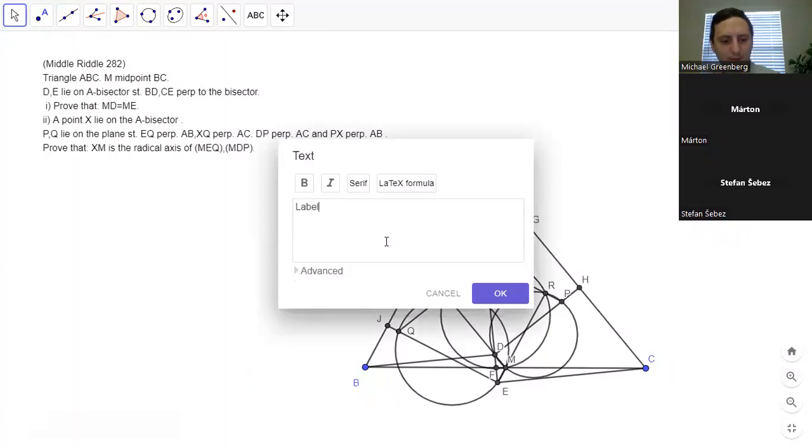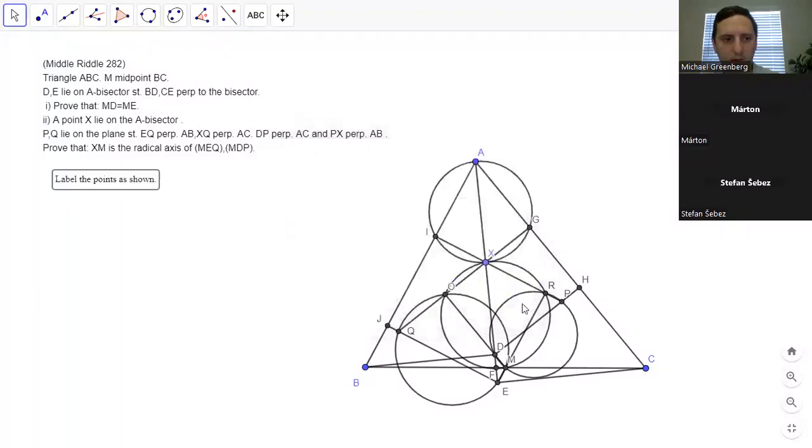Okay, so I think the easy way to write this down is that we see that by this angle bisection, XOD and XRE are similar. Oh yeah. And then XQE and XPD are similar.